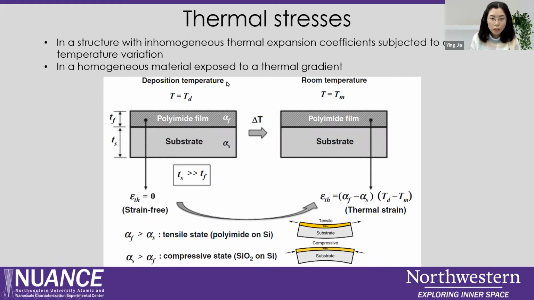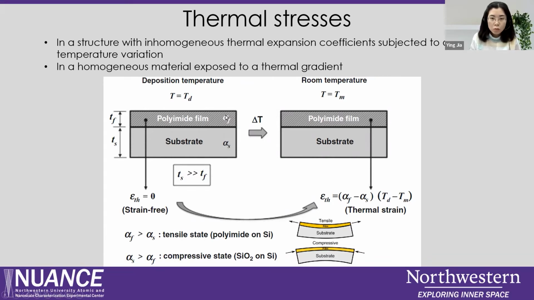We have this part at deposition temperature and this part at room temperature. During the deposition there's no thermal stress, the film is grown on the substrate, and the film thickness is much smaller than the substrate thickness. These 2 materials have different thermal coefficients, alpha F and alpha S.